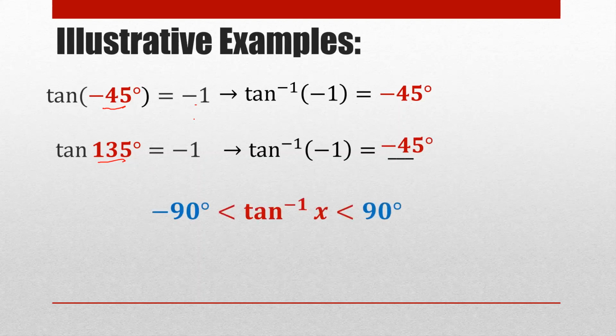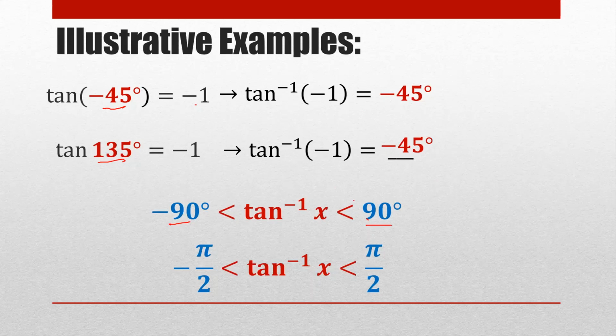So that means yung range ng ating arctan, nagre-range lang siya from negative 90 to positive 90, just like the arcsine function. Kaya lang, sa arcsine, included yung endpoints na negative 90 to positive 90. Dito, hindi kasali yung endpoints kasi remember, the tangent function is undefined for these endpoints, negative 90 and positive 90.